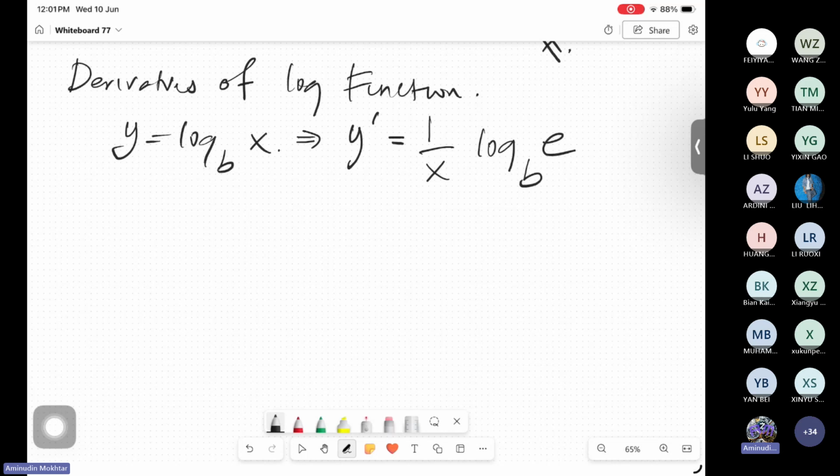Okay. For example, let's say I have this function, y equal to log 2x with base 2.